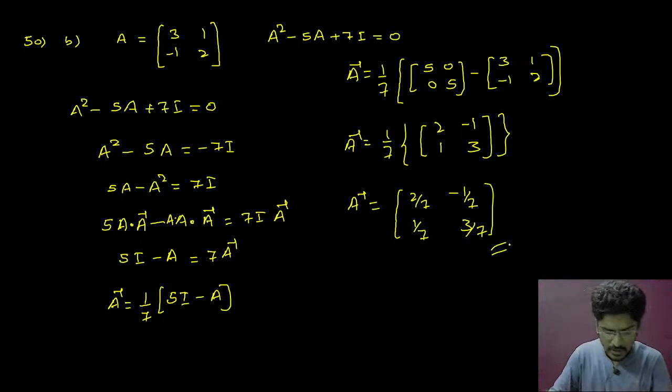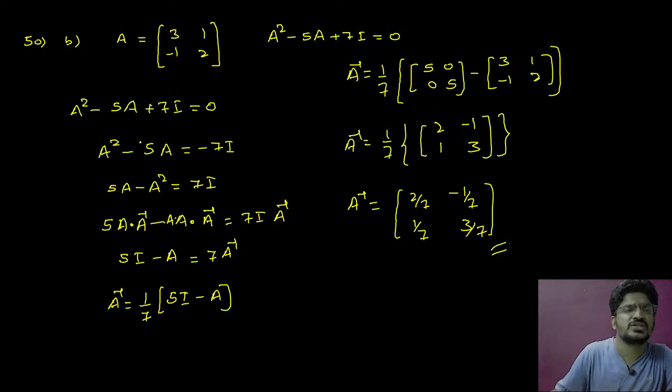So solving a inverse is very easy. First you simplify this equation. As a square, directly you can write this equation. You can skip this, directly you can write this. 7I you keep here only. Take minus 5a on this side, it will be plus 5a.